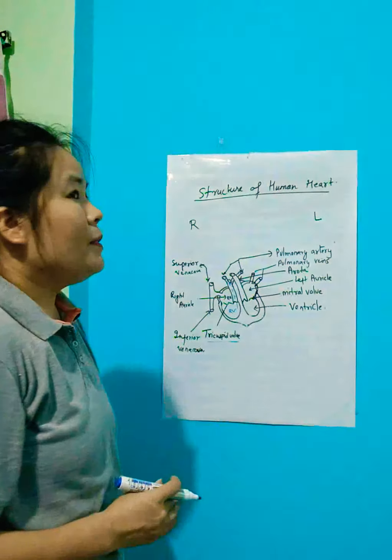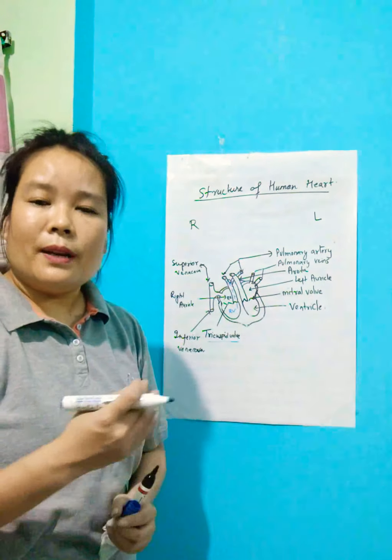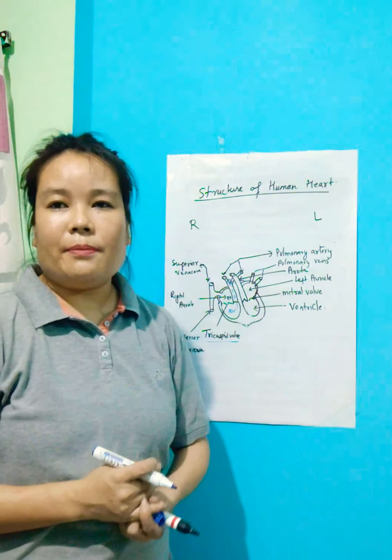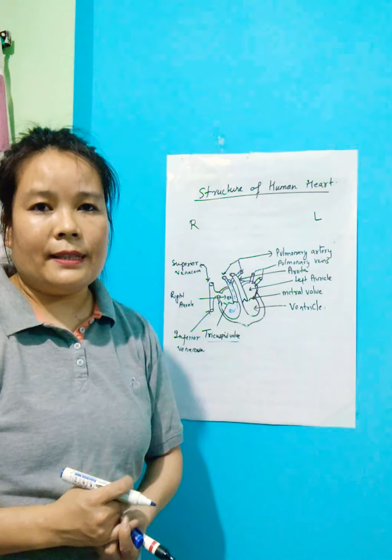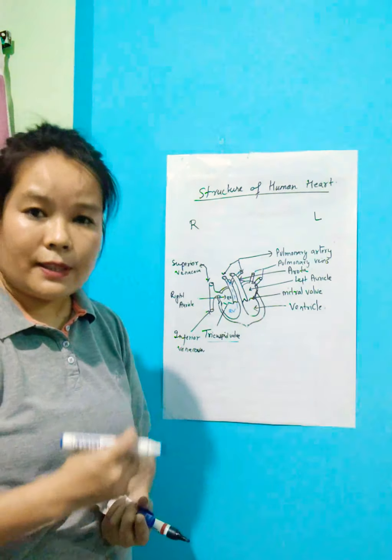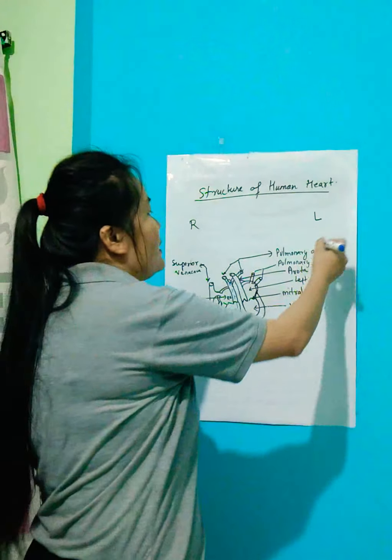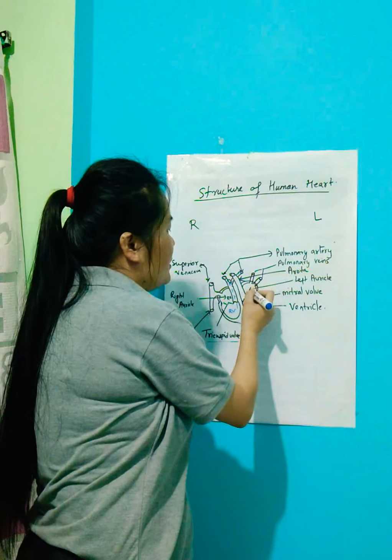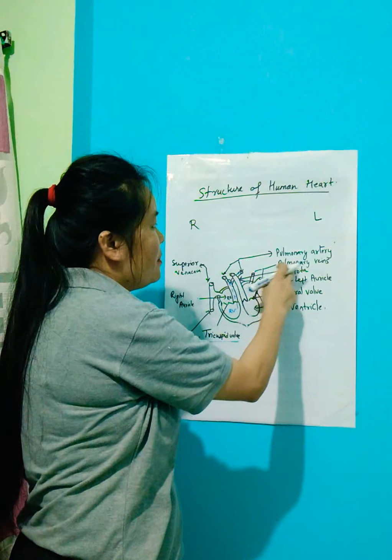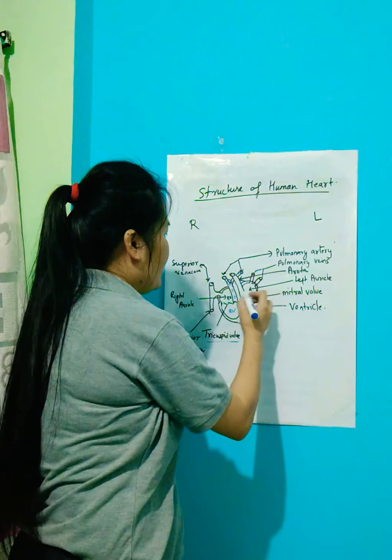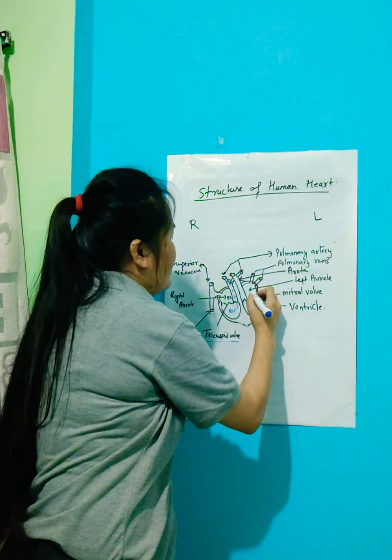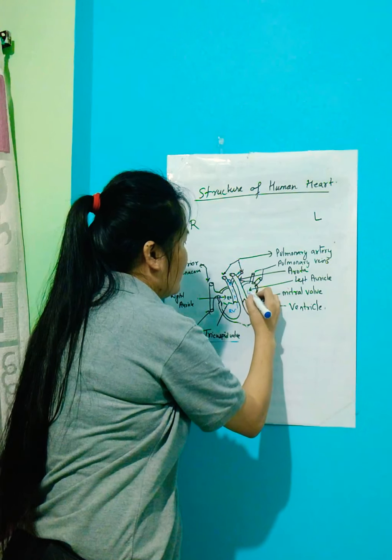For purification, once the deoxygenated blood becomes oxygenated blood in the lungs, it comes back to the heart through the pulmonary veins. Which side of the heart will it come to? The left auricle.